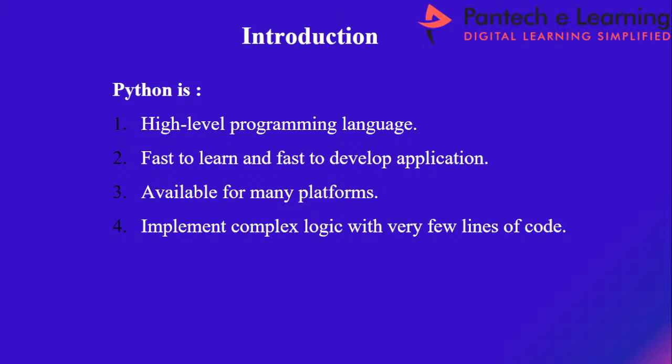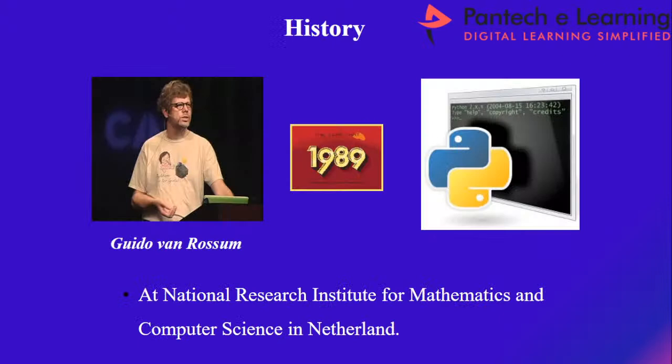What makes this language so powerful compared to other types of programming languages? In high level programming languages I have different types: I can go for Java, C, C++. So why is Python so popularly used? It is faster to learn, easier to learn, and they can implement any complex logic with only very few lines of code.